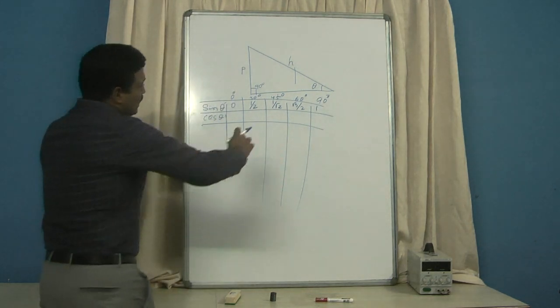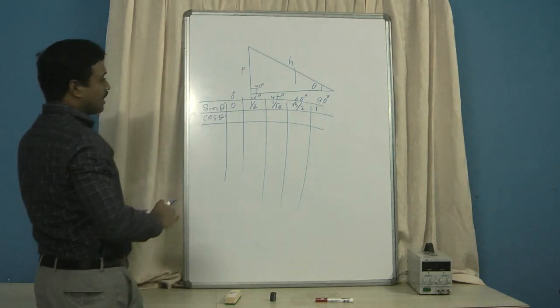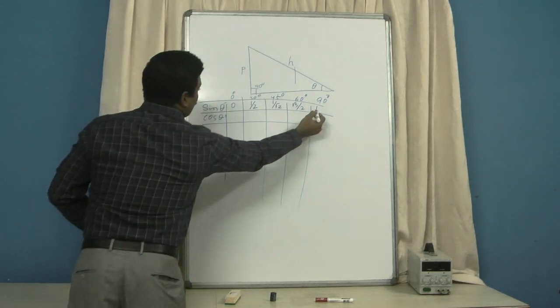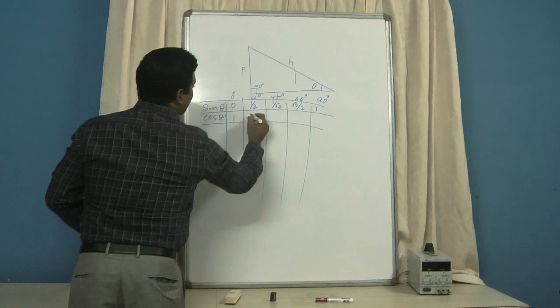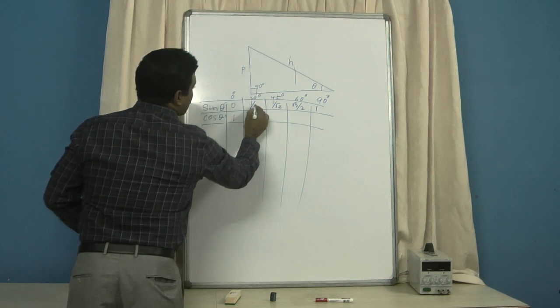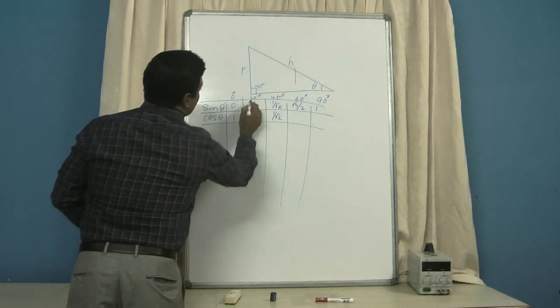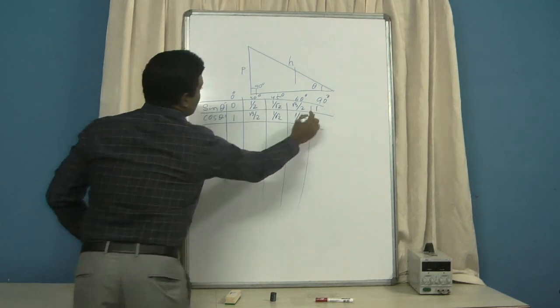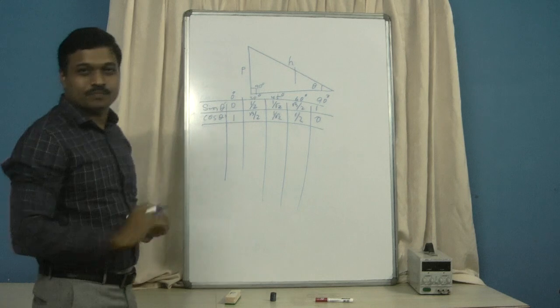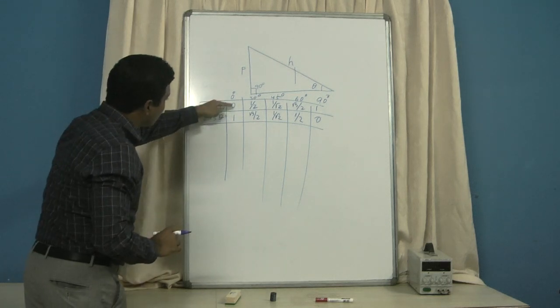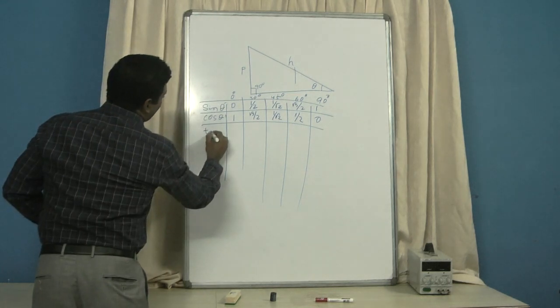For cos, it is a twisted pair, just like a seesaw. So this 1 will come here, root 3 by 2 will come here, 1 by root 2 will remain there, half will go here, and 0 will go here, just like a seesaw. And if you take the ratio of these two, you get tan.